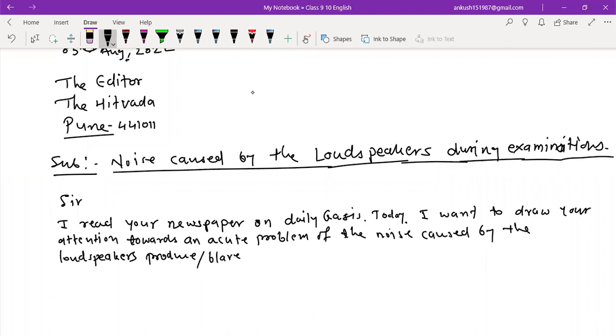Okay, that they produce or blare the music, or music only, music and some ritual songs.